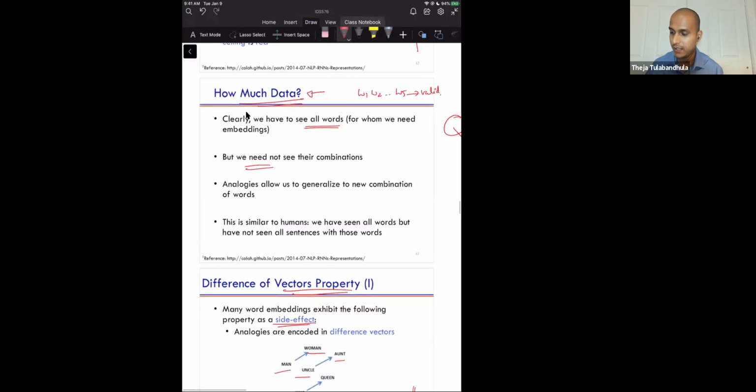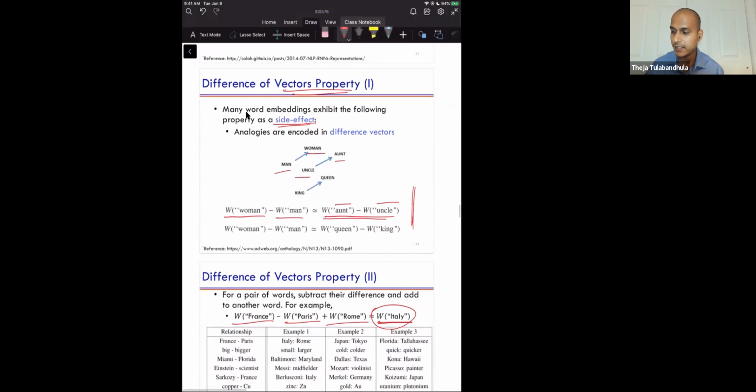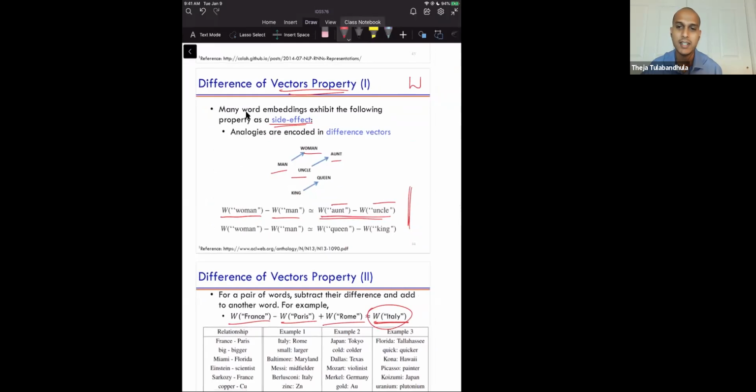Okay, and then the next few slides are just talking about, again, we have an embedding. Let's say we have already trained it. Let's understand, does it make sense or not? And for some embeddings, people have made sense, and this is an example of that. So for example, here this embedding was such that you could subtract two vectors, for example, woman minus man, the vector corresponding to woman minus the vector corresponding to man.